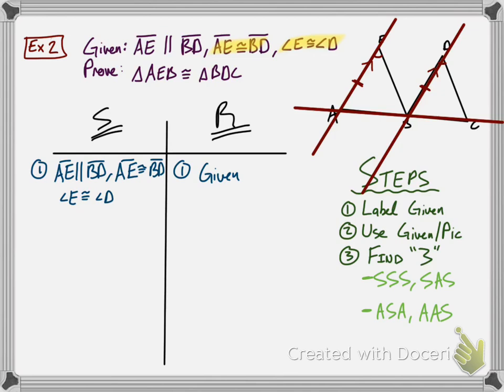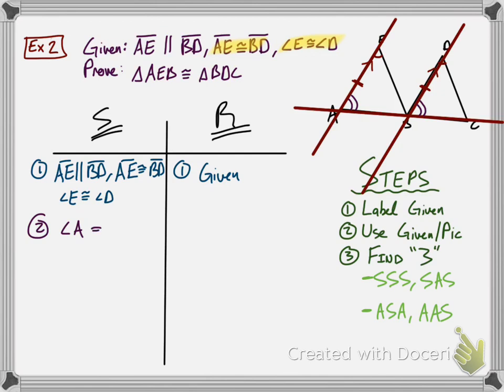And what we end up with is a set of corresponding angles here that we know are congruent based off of the parallel lines. So we're going to add that into our proof here.